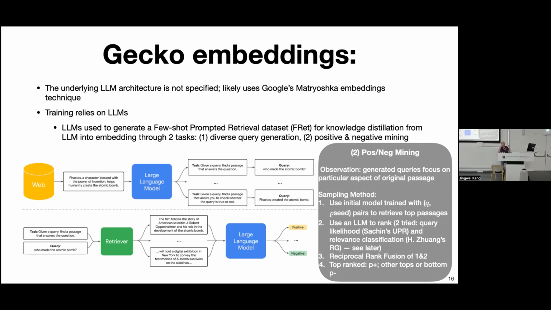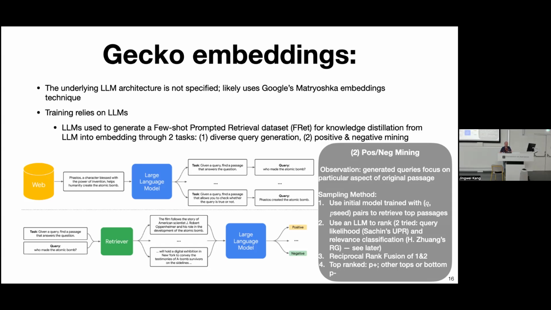We all believe that we only have one positive document and no negative documents. We need to invent a negative document, because that's how MS MARCO is done. And so there's been a lot of work on mining negative documents. What they've done is use the large language model to create for us these positive and negative documents.